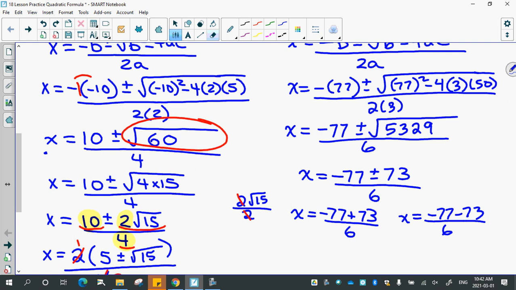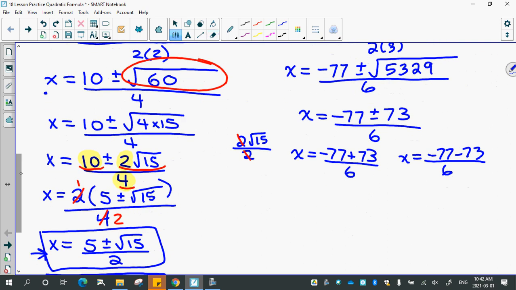So you can keep going, in other words, these questions until you get either an integer or a fraction in lowest terms. So negative 77 plus 73 is negative 4 over 6. Negative 150 over 6.